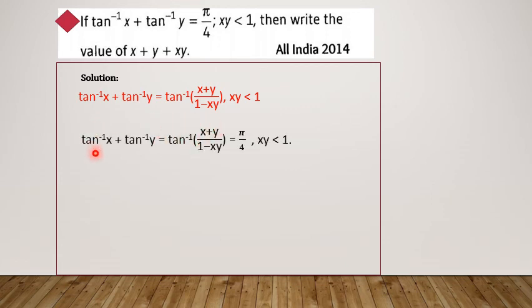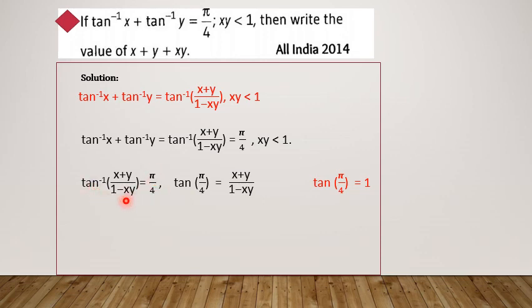Here tan inverse x plus tan inverse y is pi by 4. It is given. So this is equal to pi by 4. That is, tan inverse of x plus y by 1 minus xy is pi by 4.